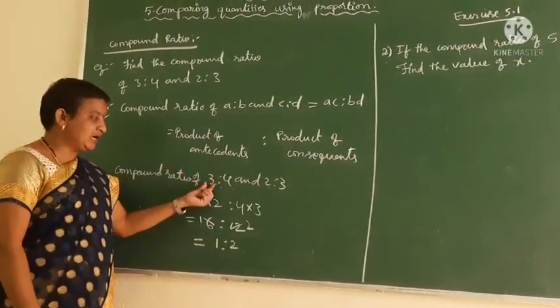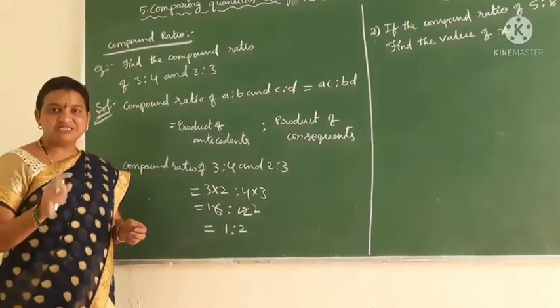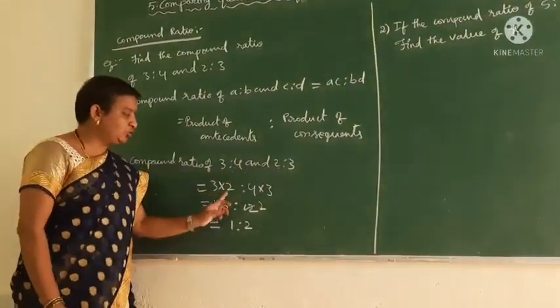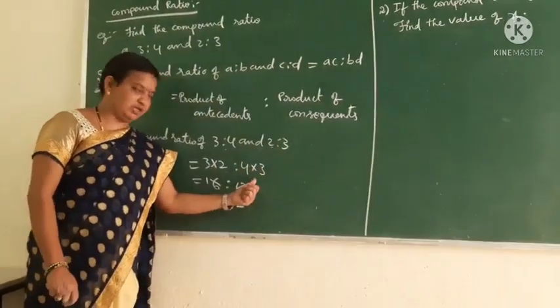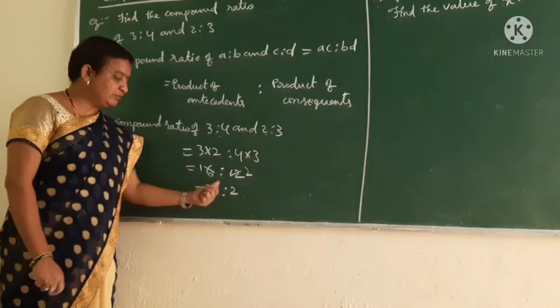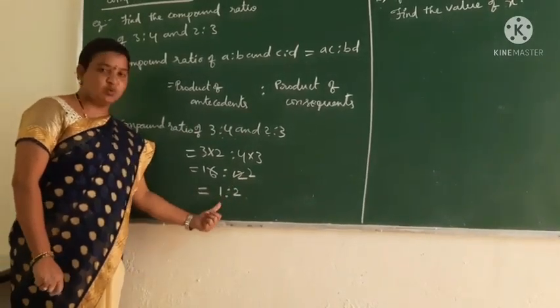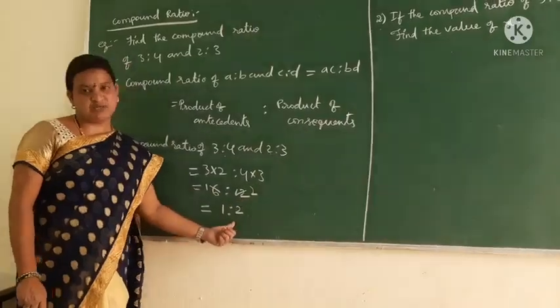Here the antecedents are 3 and 2. Product means multiplication. So 3 into 2 is to product of consequence, 4 into 3. Okay. 3 2s are 6 is to 4 3s are 12. If we simplify this ratio, we get 1:2. So the compound ratio of these two ratios is 1:2.